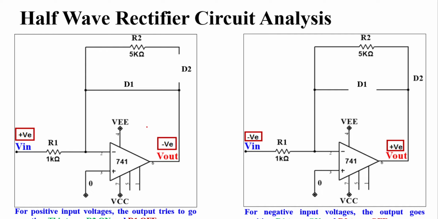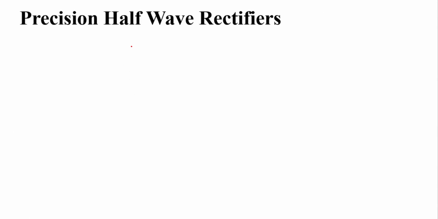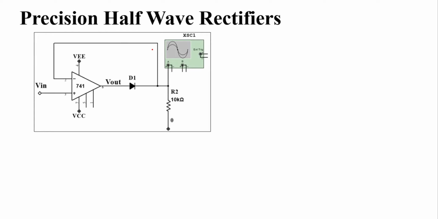To achieve more precise behavior of half wave rectifiers, we can design precision half wave rectifiers in which we use one diode at the output, and it comes in between the feedback path of pin number 2 and pin number 6. So we just have to add one diode at the output of the circuit.